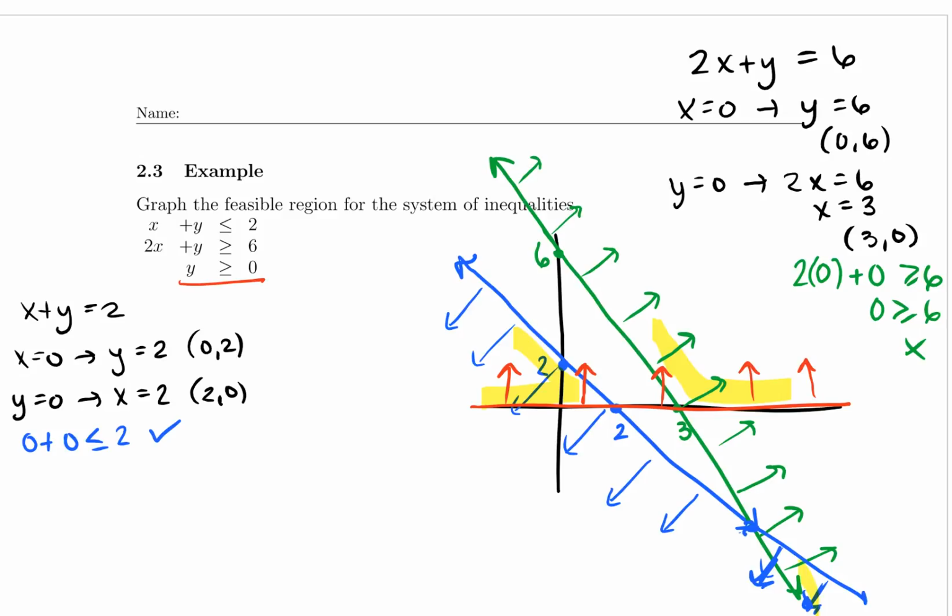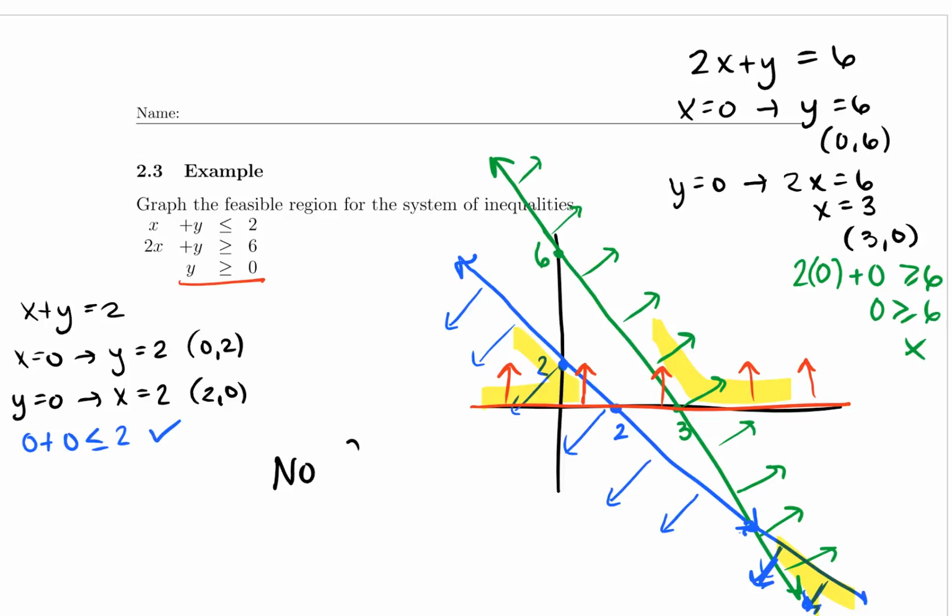And we have overlap down in quadrant 4 between the blue and the green regions, but we don't ever have all three of them at the same time. And so this would be an example of a system of inequalities that has no solution. There is no feasible region, and so this system has no solution.